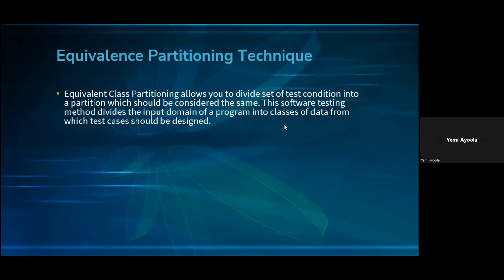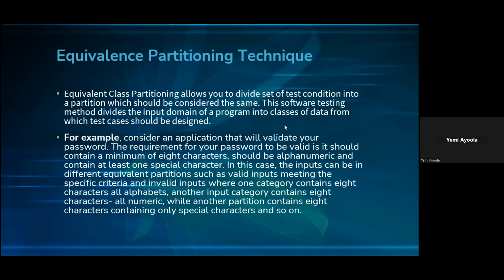Just know that equivalent class partitioning allows you to divide a set of test conditions into partitions which should be considered the same, equal. So that's the way we want to test it now. So look at it because it's going to confuse you with the next one I'm coming to. And that's why I take my time to explain these two very well.